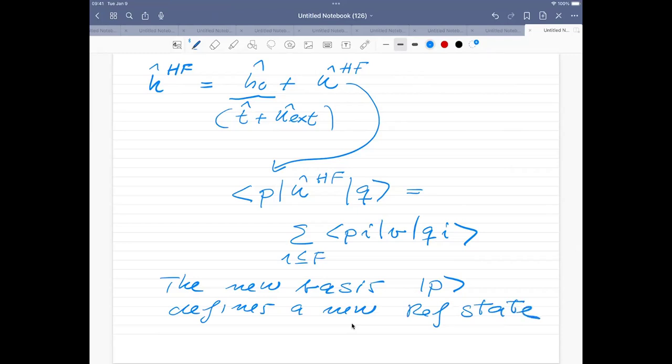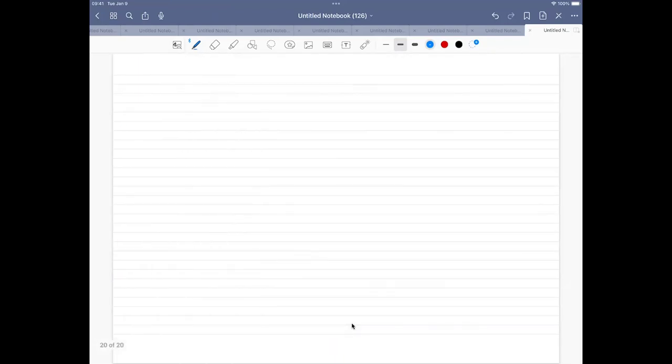And that reference state is now going to be given by just one Slater determinant. So this phi 0, which we had before, is now going to be replaced by a phi 0 Hartree-Fock.